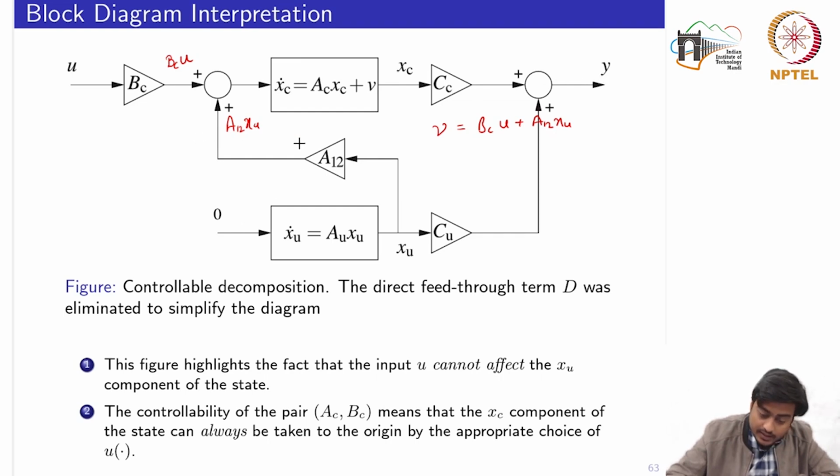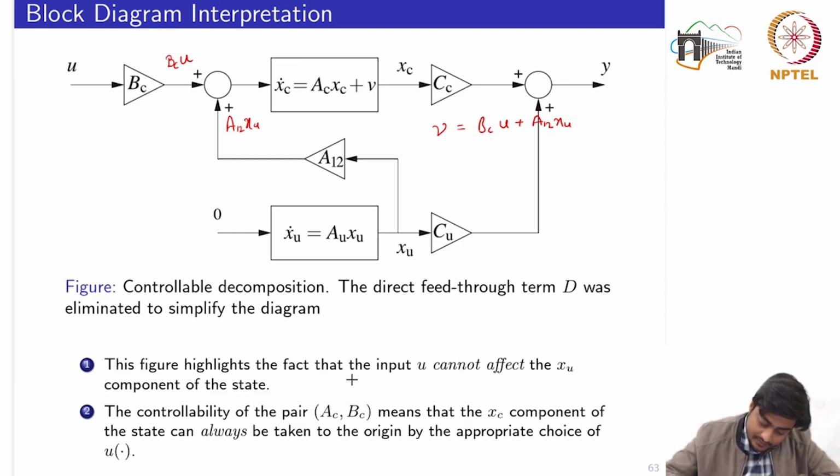So you would see that xc is only being influenced by u, and for xu there is no input, or you can say it is zero. So this is the uncontrollable part, because you cannot control it, since the input would always be zero. You cannot manipulate the input. There are two points which should be noted.